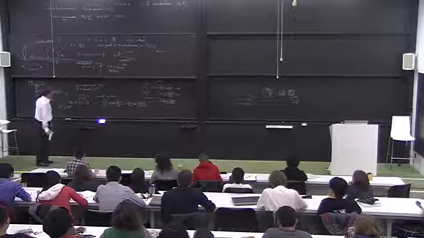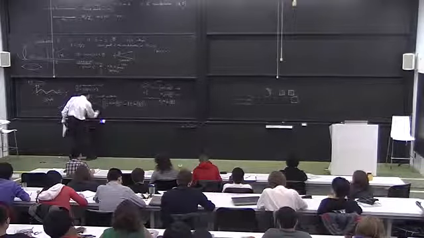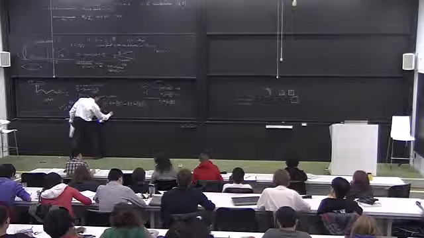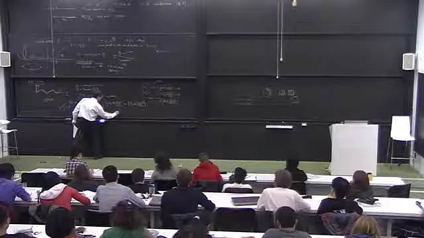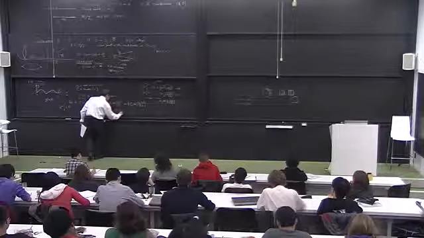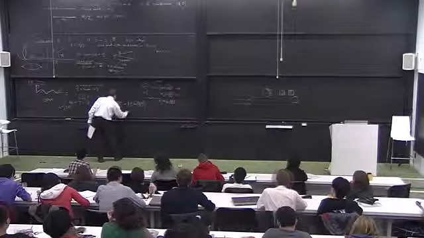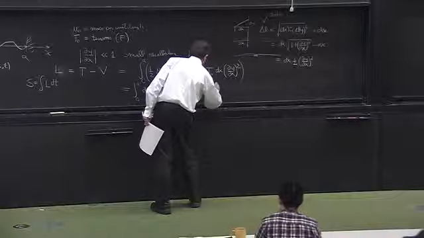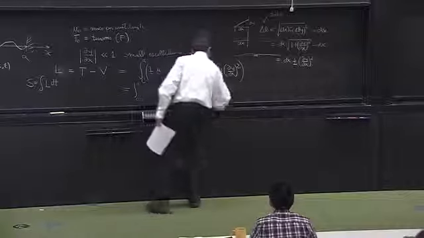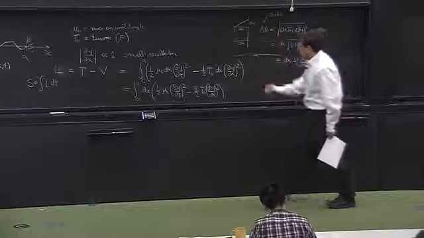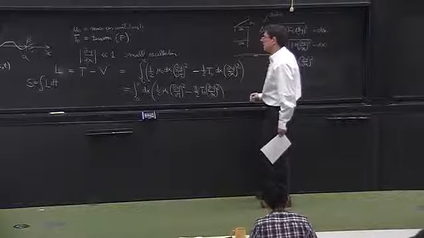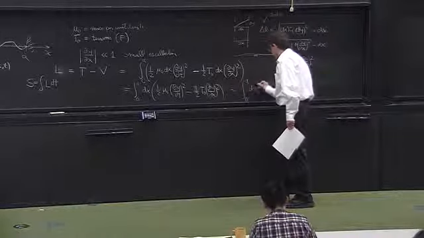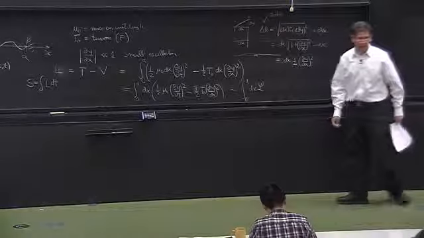So we can write it as the integral from 0 to a of dx, 1/2 mu naught (dy/dt) squared minus 1/2 T naught (dy/dx) squared. And that thing we can call the Lagrangian density, the integral from 0 to a of dx times calligraphic L.